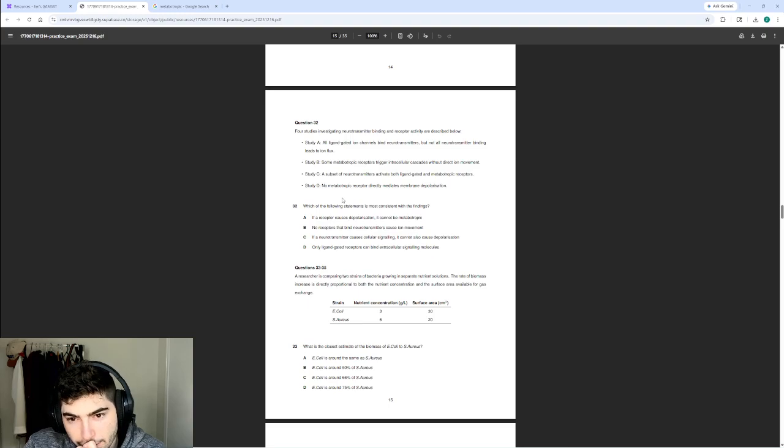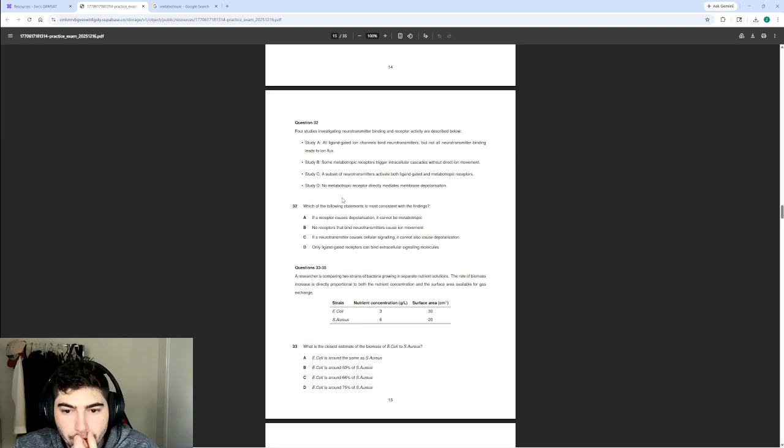But then study D says no metabotropic receptor directly mediates membrane depolarization. So I guess A's out just because of that.